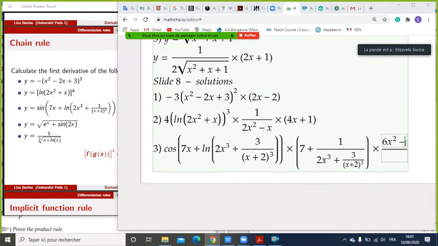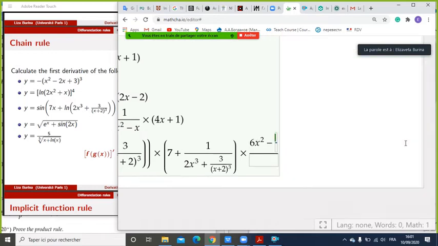6x squared minus the fraction of, I'm gonna get back here and tell what is what. So that will be 9 over, just for those who did it, please check. Squared, no, not squared, 4. Okay, and this one is 2x cubed plus 3.